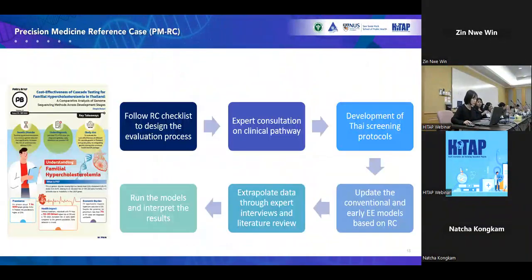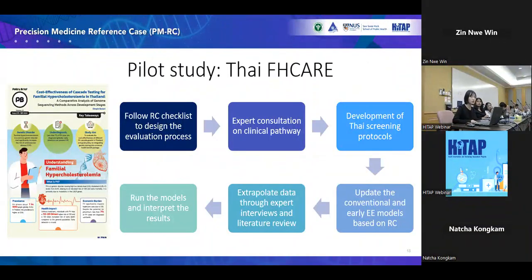As a side note, before we go into the reference case, I would like to use the pilot study, the Thai FH care study, as an example to enter my responses to the recommendations. This project is actually the cost effectiveness analysis of cascade testing of familial hypercholesterolemia, a genetic mutation, in Thailand.